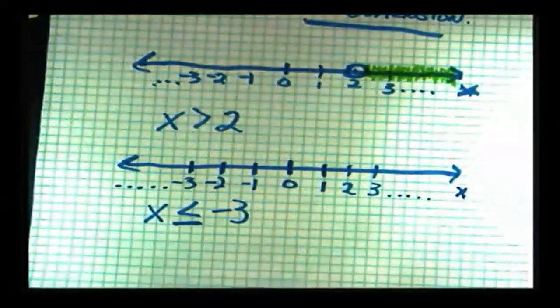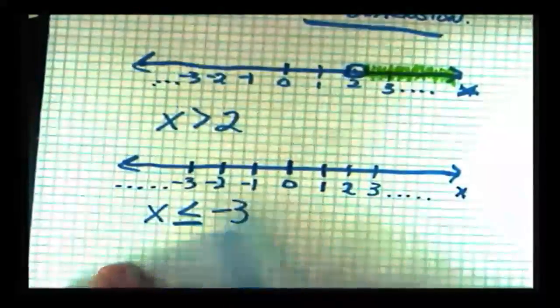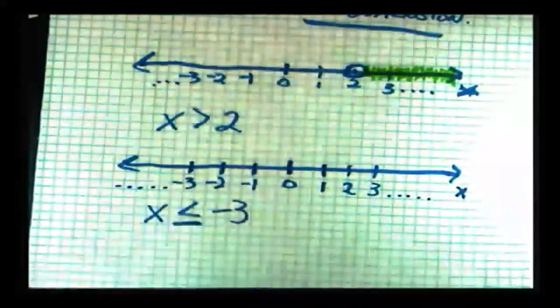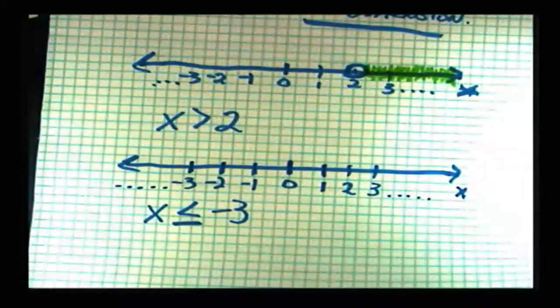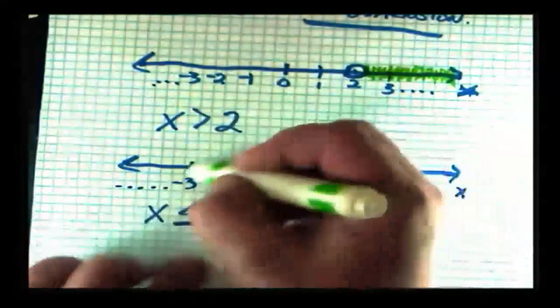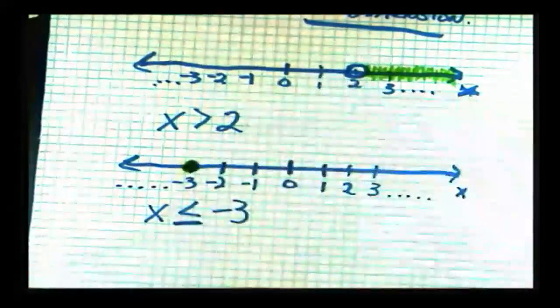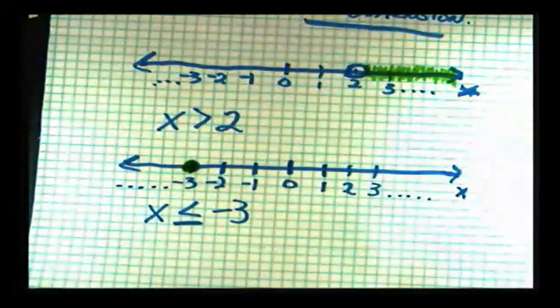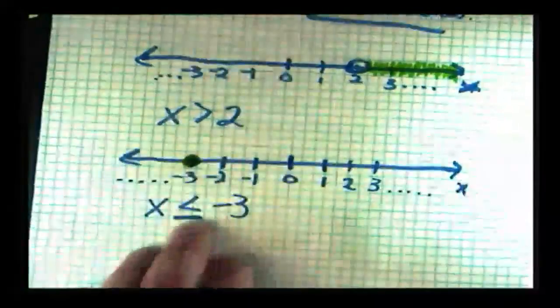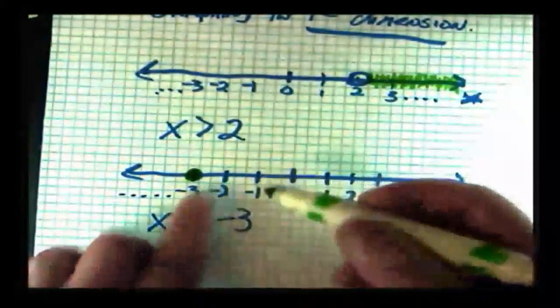And now I need to graph this inequality. X is less than or equal to negative 3. So I'm going to go to negative 3, and this time I'm going to make a closed dot. The closed dot is referring to the fact that I can equal negative 3 now. The closed dot is saying that I can equal that.